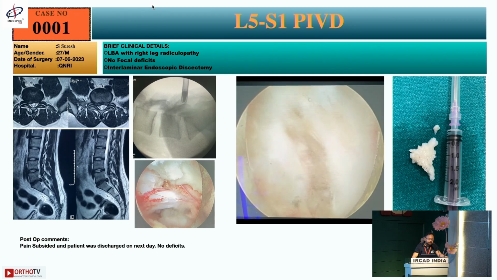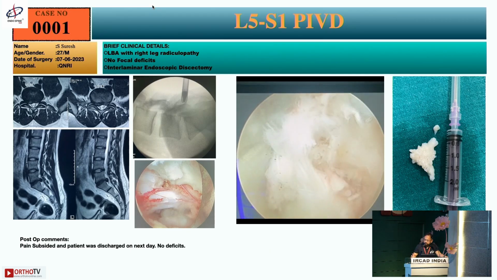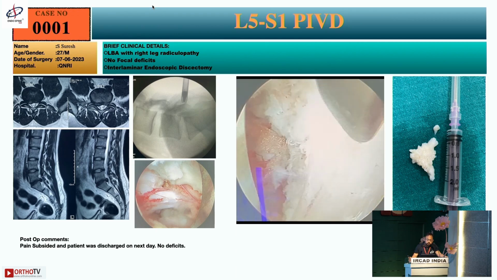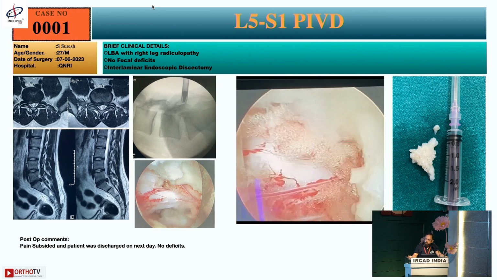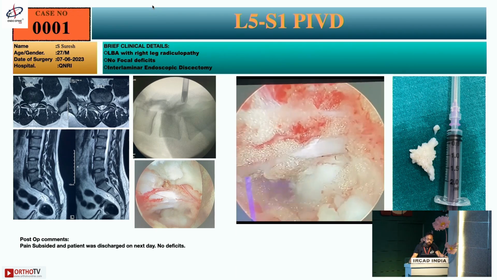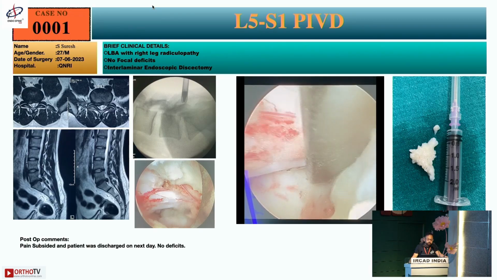You can see the cranial lamina. That is the cranial lamina. There is a traversing root. That is a disc herniation.